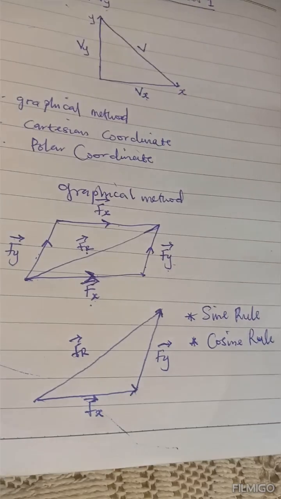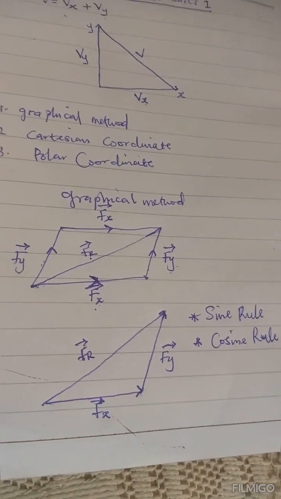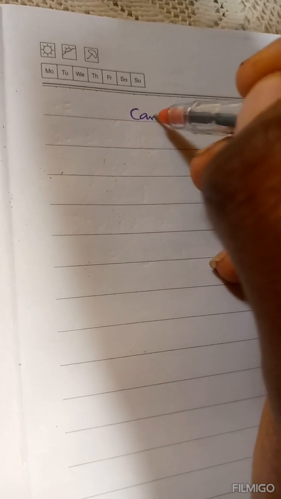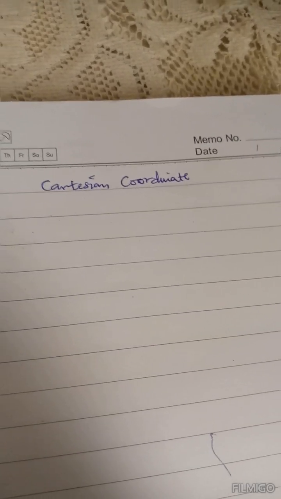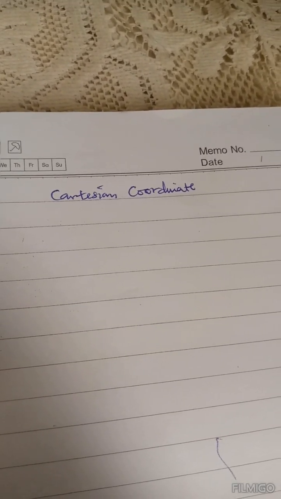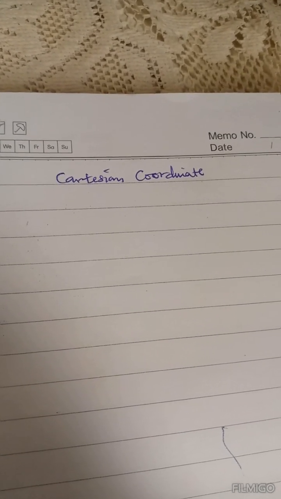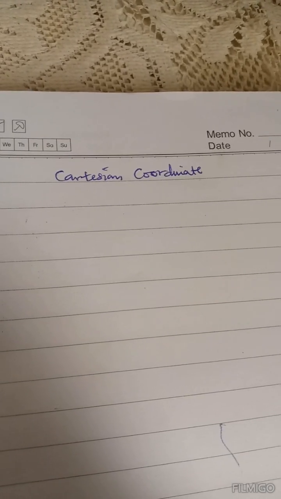Now let's move to the second method of resolving vectors, which is the Cartesian coordinates. The Cartesian coordinates is also about resolving a force using coordinates x, y, or z.